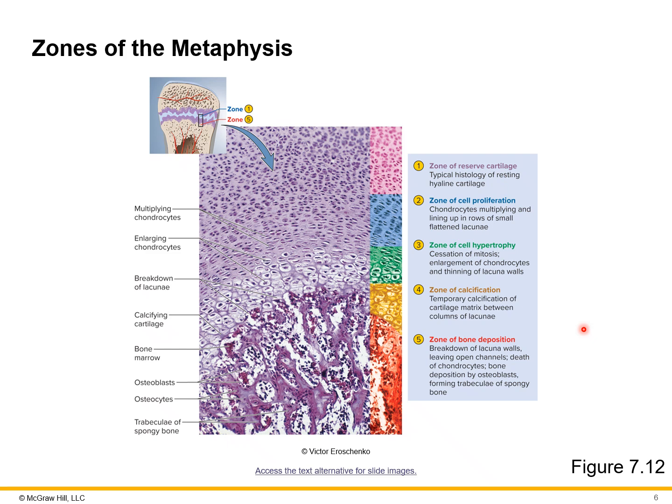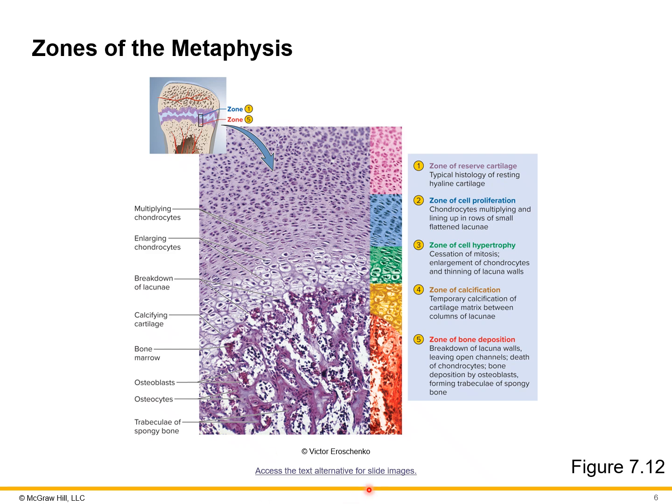Zone 4 is where we start to see calcification of the cartilage matrix between the columns of lacunae. Minerals are being deposited here, and we begin to calcify, turning that cartilage into bone. And zone 5 is the zone of bone deposition.